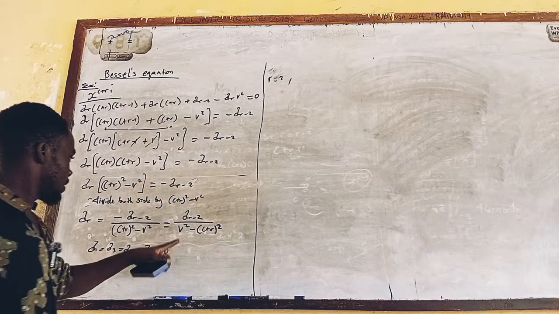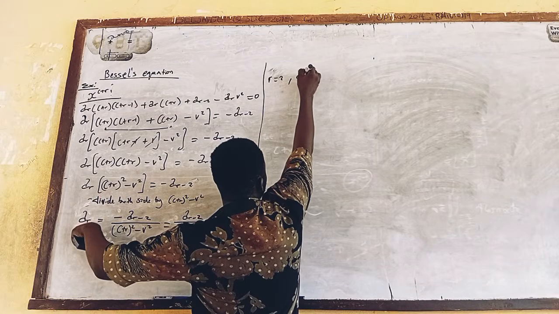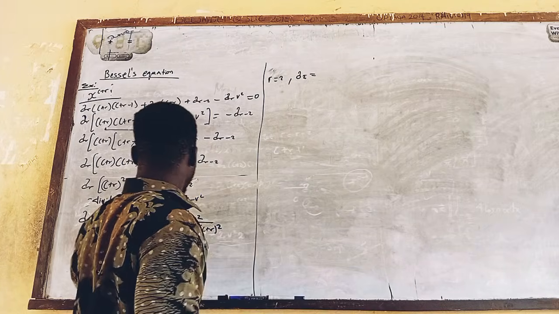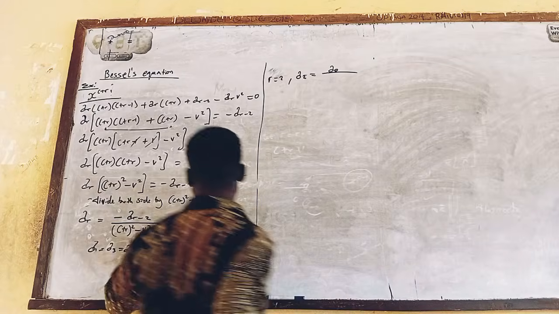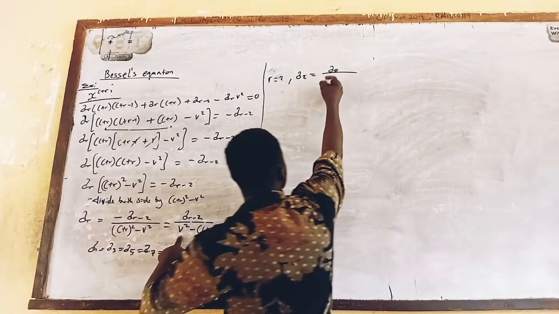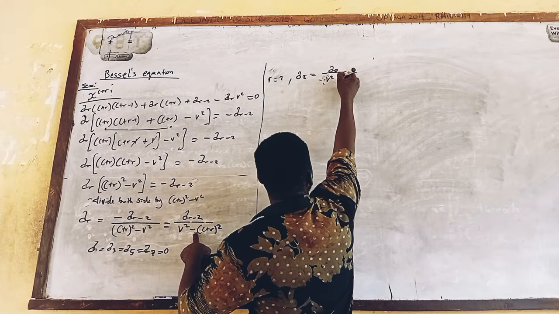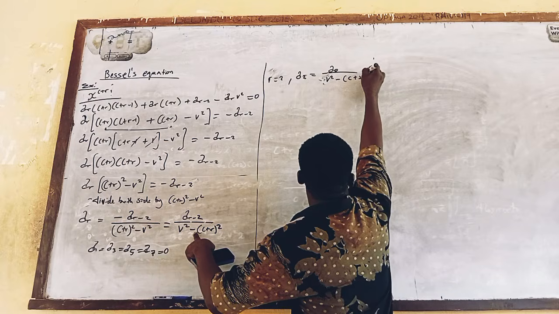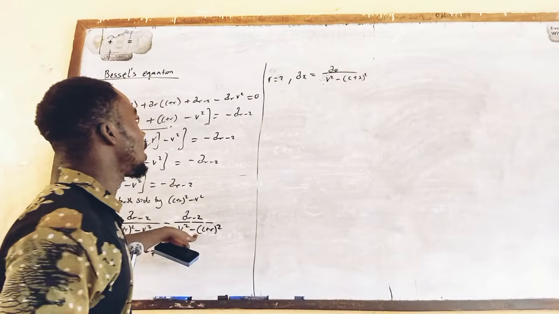If I put 2 into this equation here, you're going to have A2 equal to, that will be minus, no, we've eliminated the minus, so 2 minus 2, that's 0. Then we are going to have v squared minus c plus 2 squared. This is what you're going to have when you have A2.